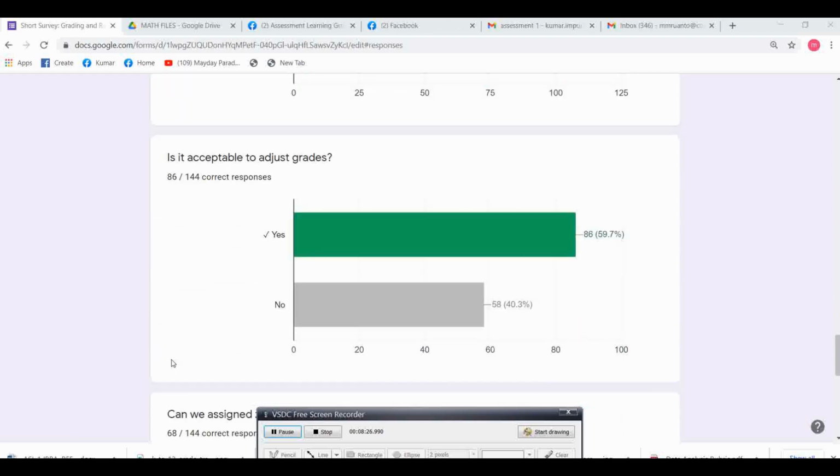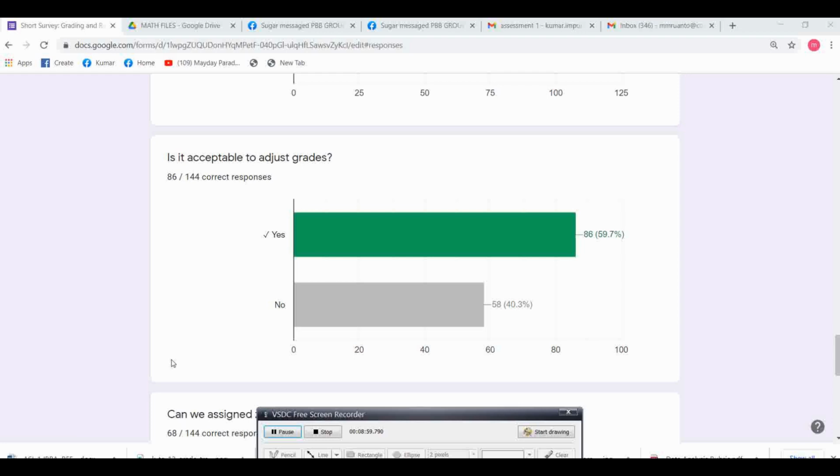Is it acceptable to adjust grades? Okay, the answer here is yes. It is valid to adjust some grades because the one who computes the grades is only human. Sometimes there are errors, it may be an error in computing, or an error in sampling.